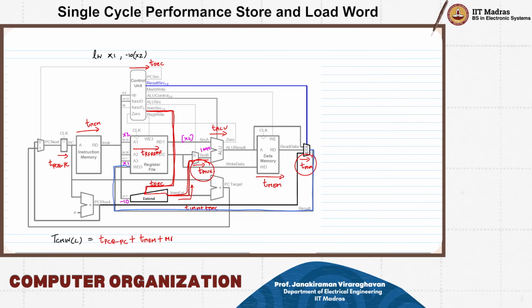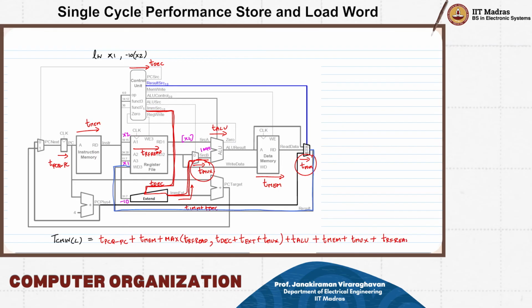So we are going to look at max of T RF read, comma T decode plus T extension unit plus T mux, plus a TALU, plus TMEM plus TMUX plus TRF read.